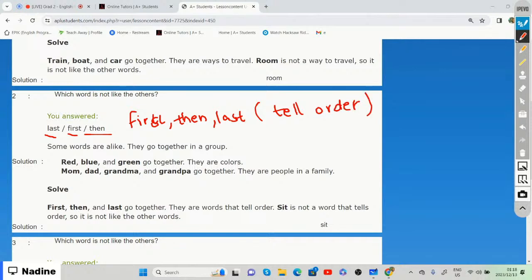See, first you do that, then you do this, then lastly you do that. So they tell order.